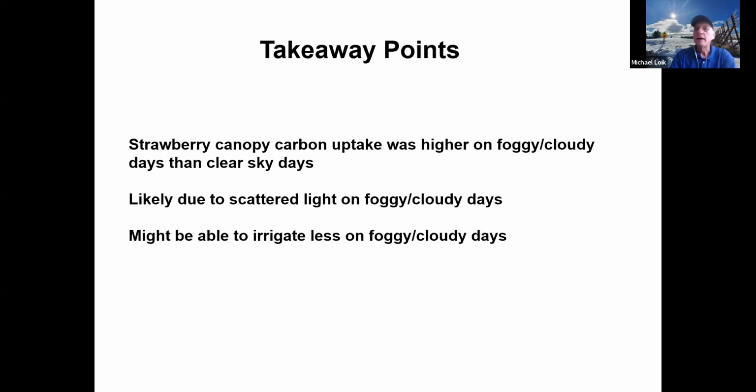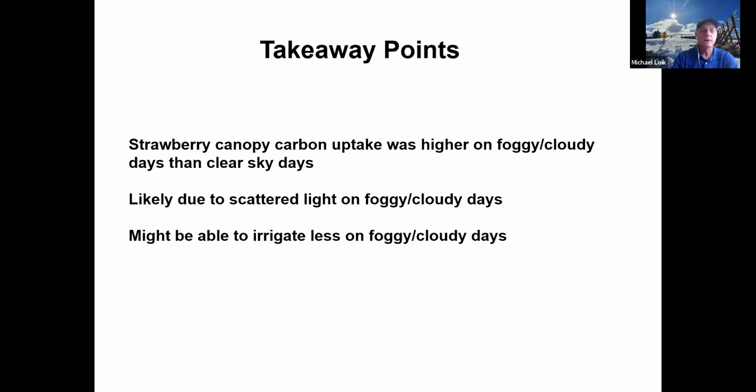So on a sunny day, you have a bright speck in the sky, and basically all of the photons are traveling in parallel lines, and they are exciting chlorophyll molecules in chloroplasts in leaves that have the right orientation. On a cloudy day, the light is scattered and the photons are coming from multiple directions, and they are then exciting chlorophyll molecules in chloroplasts at a wider variety of angles. And so you are more efficiently exciting chlorophyll on cloudy days than on clear sky days.